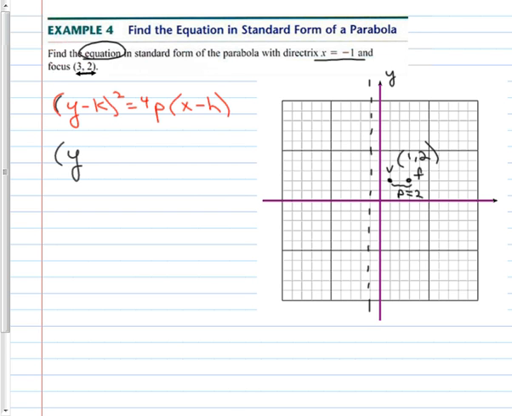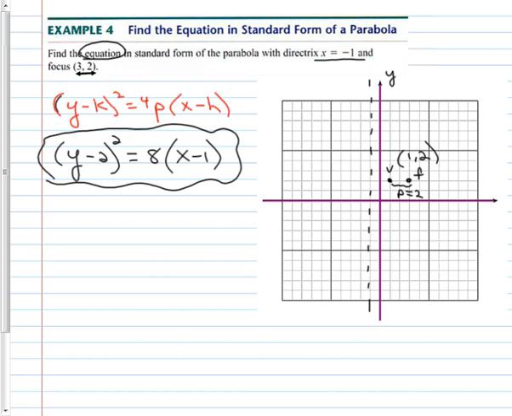So it's y minus 2, quantity squared. 4 times p, what's p? 2. What's 4 times 2? 8. X minus 1. There's the equation of that parabola. And I go off the diagram. I go off the picture.